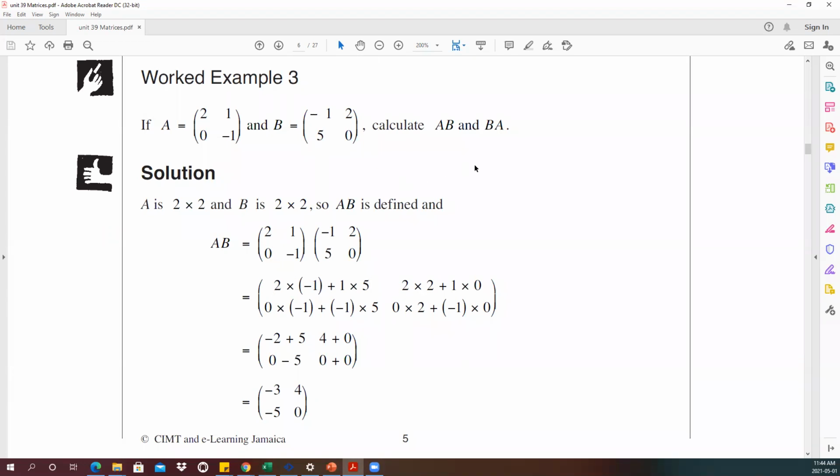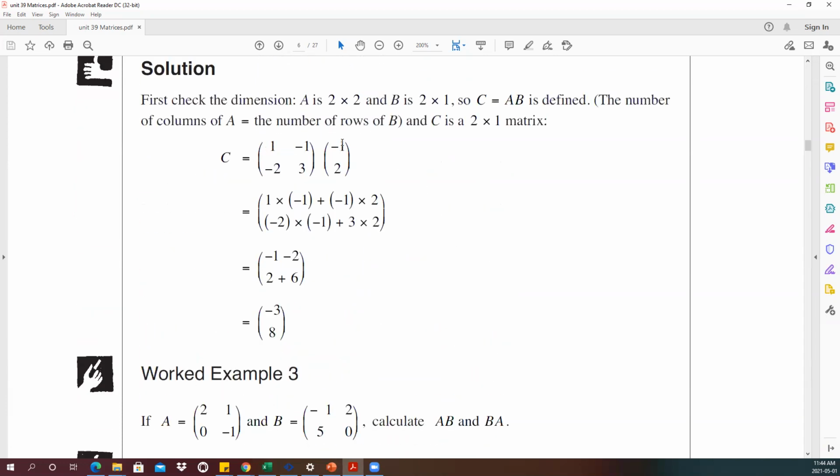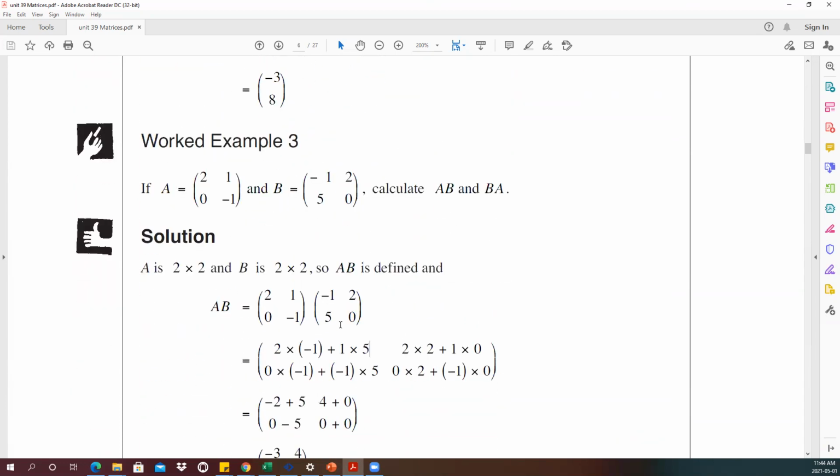Right? So the next thing to know with this, that is different from up top when you had one column, is that with 2 columns, you just apply it 2 times. So it is 2, 1. You're going to use this 2, 1, and multiply with this minus 1 and 5. And you do it again with the 0, minus 1, and the minus 1 and 5, and you stick it under. And in a sense, this is telling you, in the resulting matrix, put the result of multiplying this row and this column in the top left section.